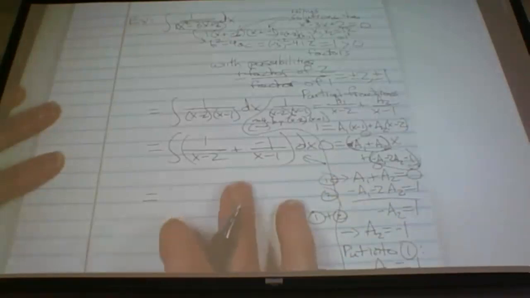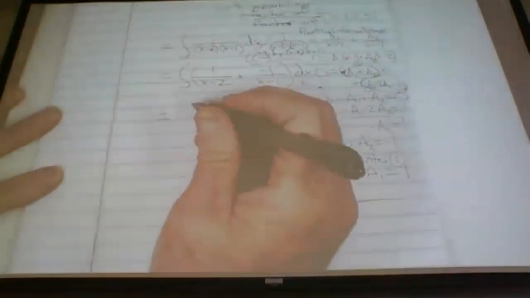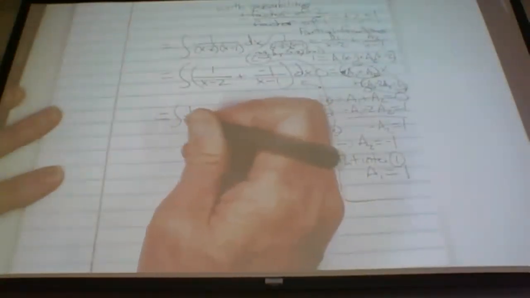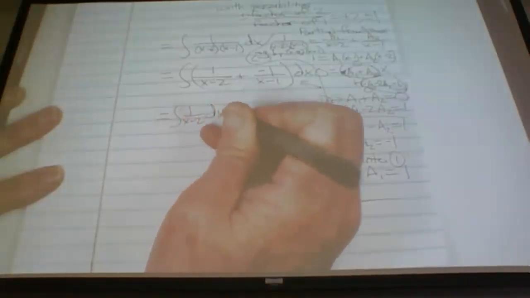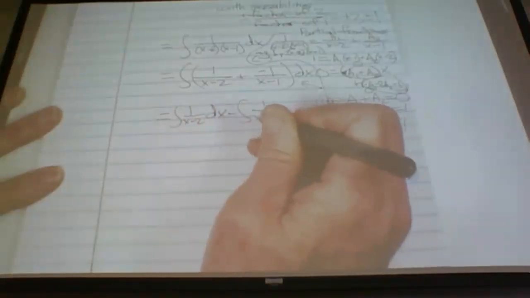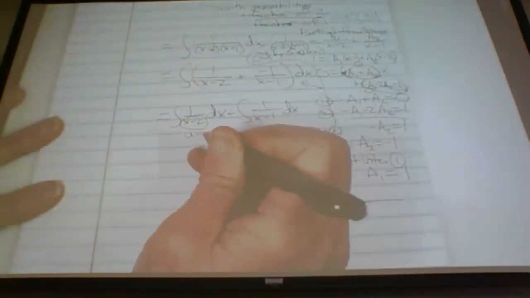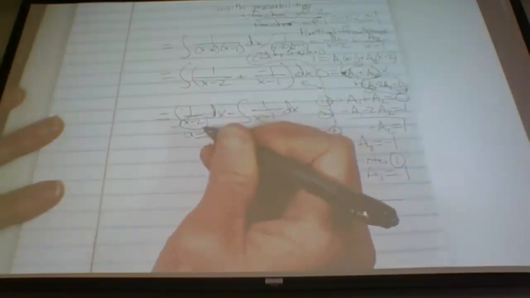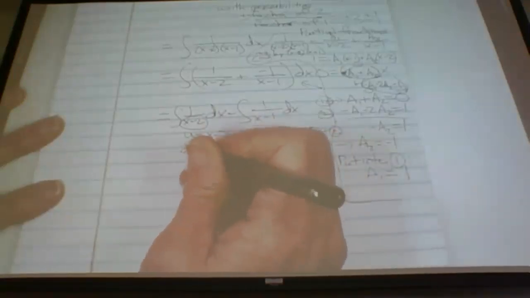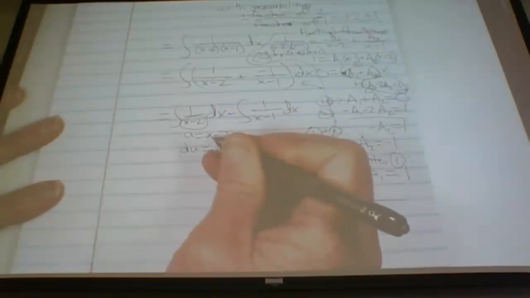What you can do, the claim is, once you do partial fractions, you can always integrate this by techniques we already have. So I'll rewrite this as integral 1 over x minus 2 with respect to x minus integral 1 over x minus 1 with respect to x. The integral of the difference is the difference of the integrals. And now you can substitute here, let u equal x minus 2. So it's 1 over u instead of 1 over a mess.